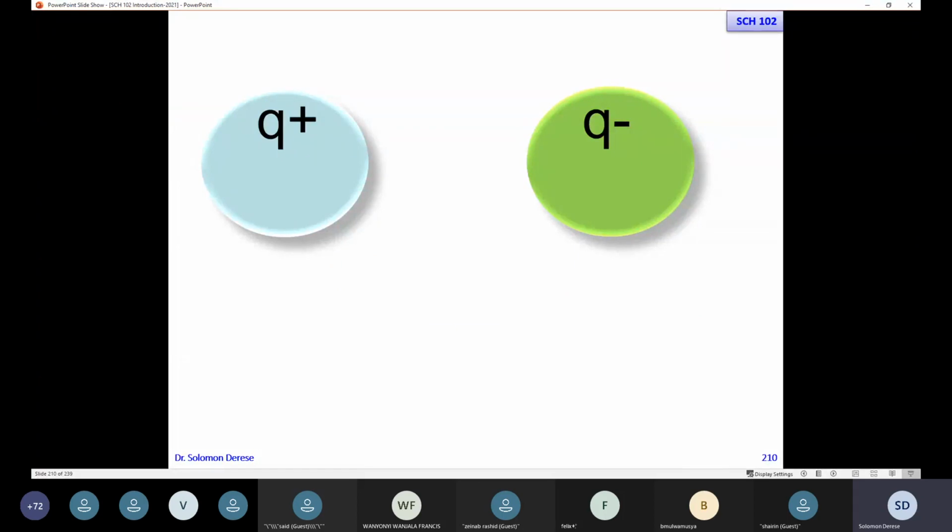Suppose you have a polar bond, a polarized bond, between two elements. One of them will be partially positive, the other one will be partially negative. Then at the end of the day, there will be a charge developed on these two atoms.